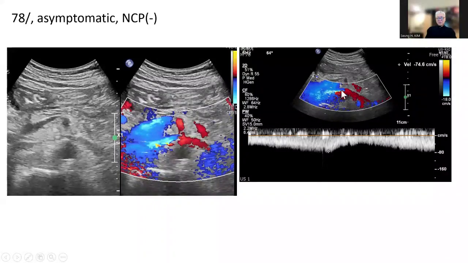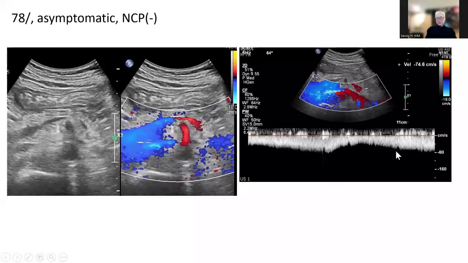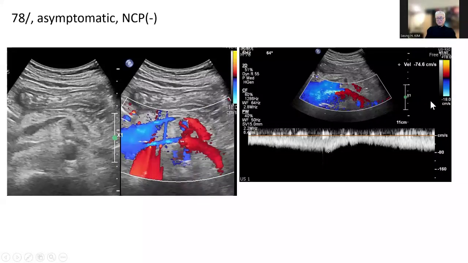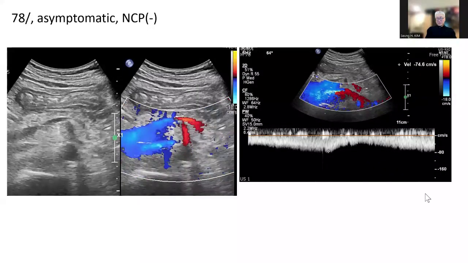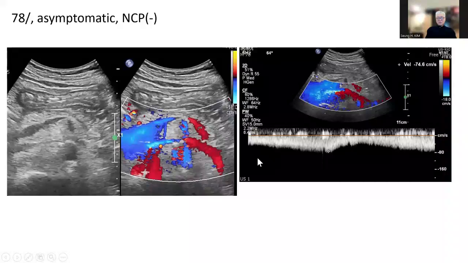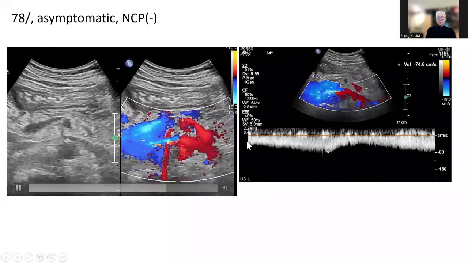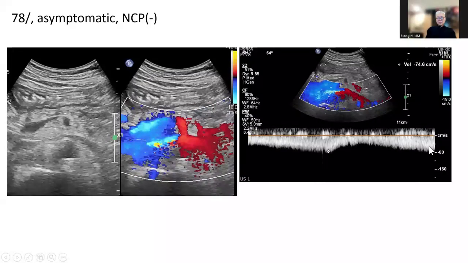And if we measure the flow velocity, with a spectrum like this according to the respiration, the peak velocity is 74. So this is not a very high velocity, and much less than the criterion of 100 centimeters per second.